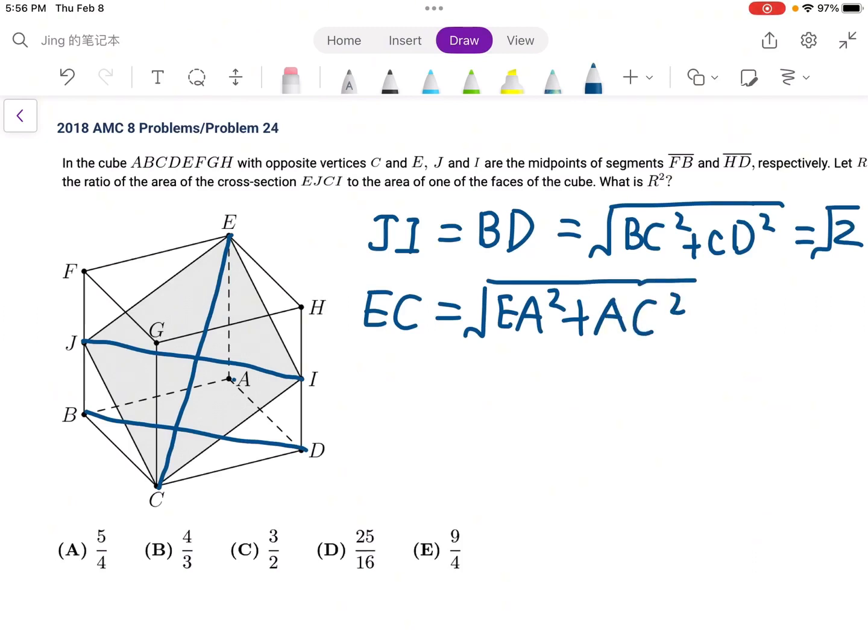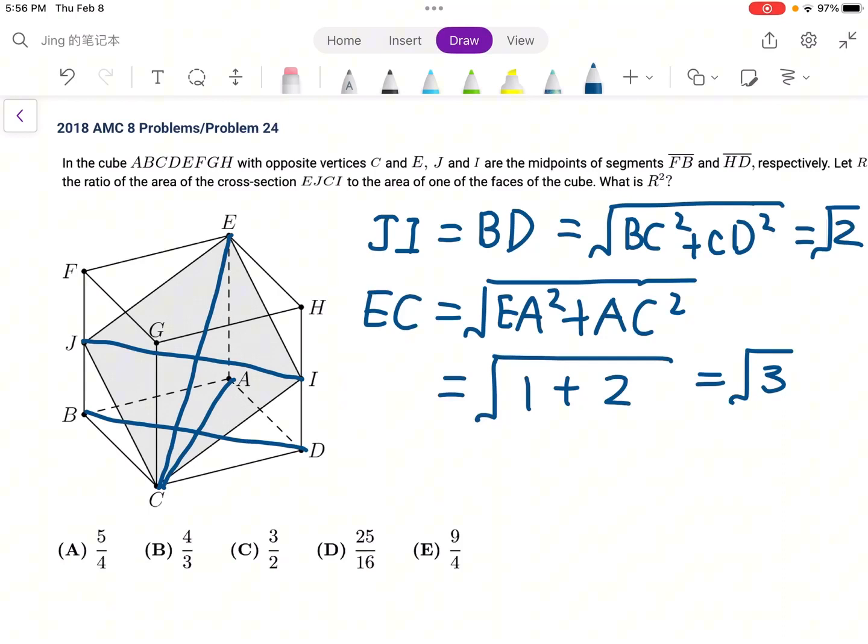Let's connect AC here because AC is perpendicular to EA. AC also equals BD. That means this equals 1 plus 2, the square root of 3.